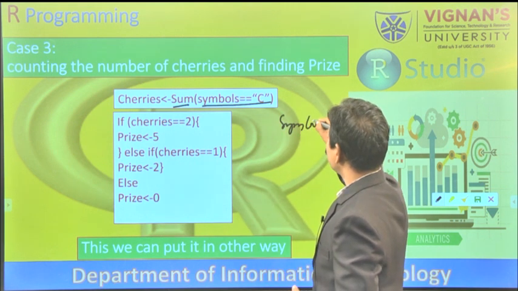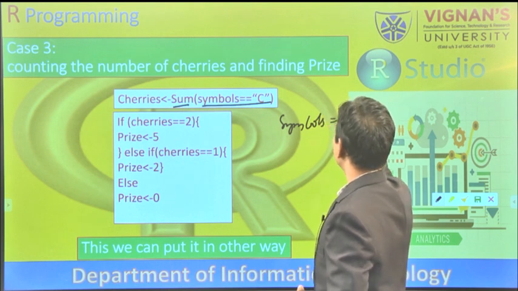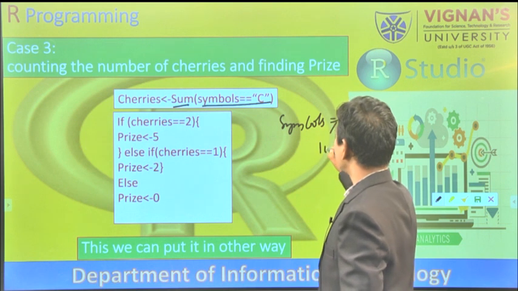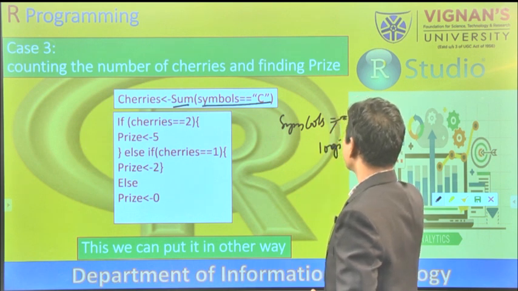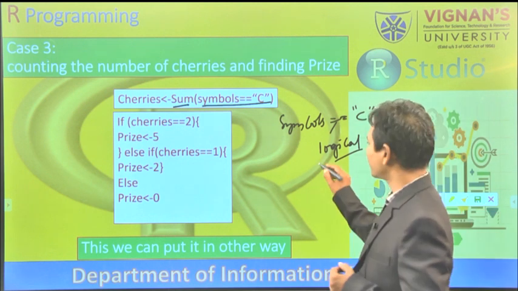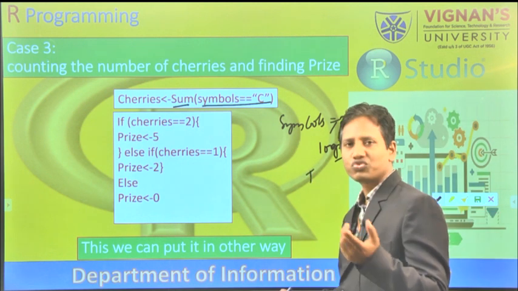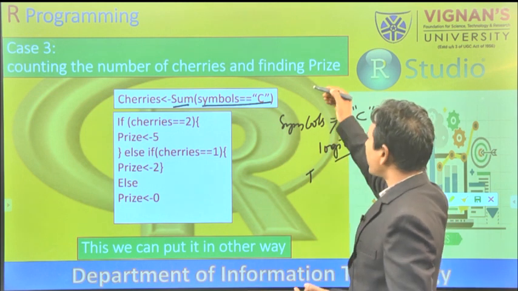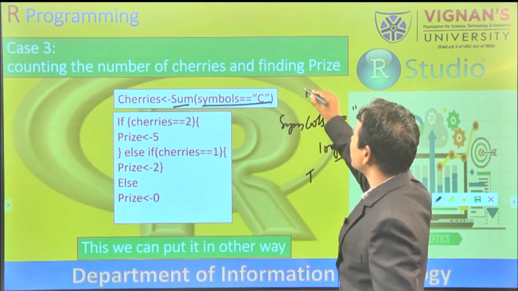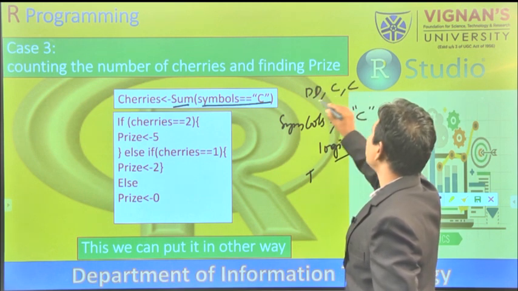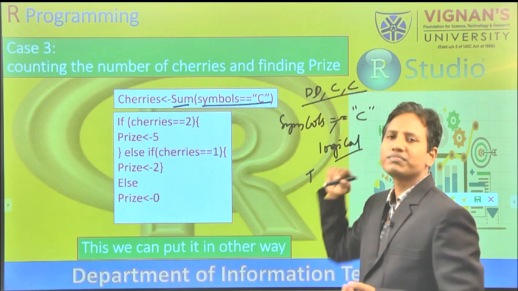This symbols double equal to C, as you know, is the logical operator, and logical operator is going to return true for the condition true. So suppose I got the value of symbols like this, DD and C and C, these are my 3 symbols.